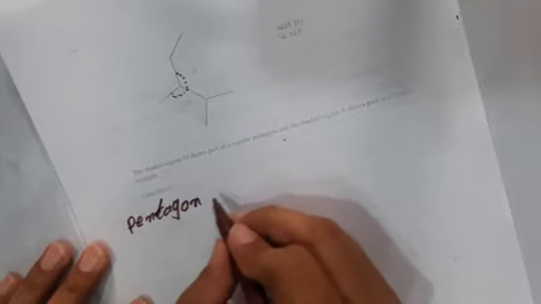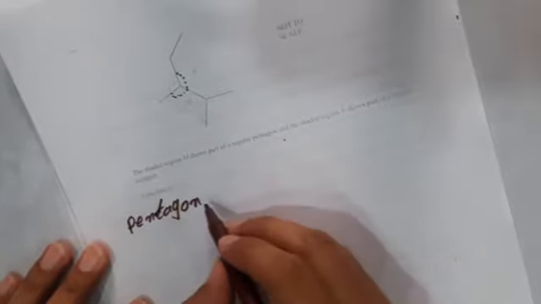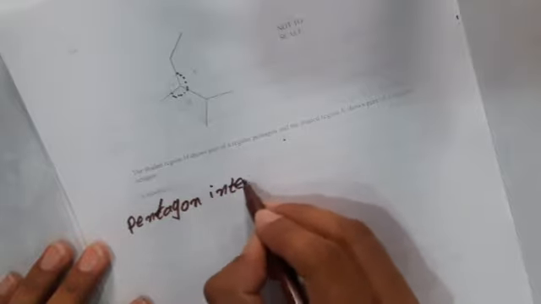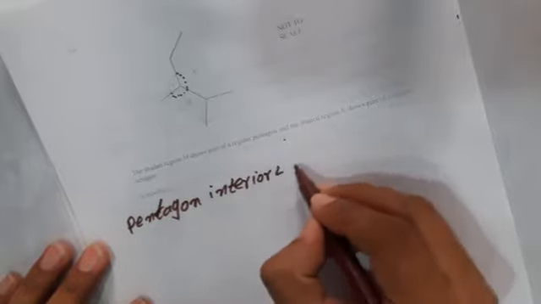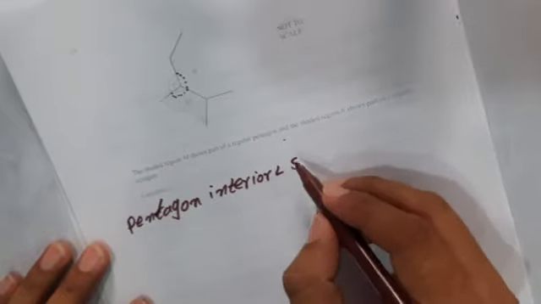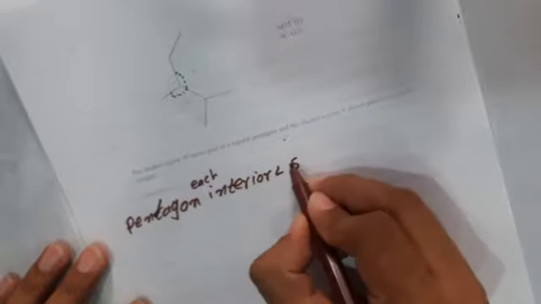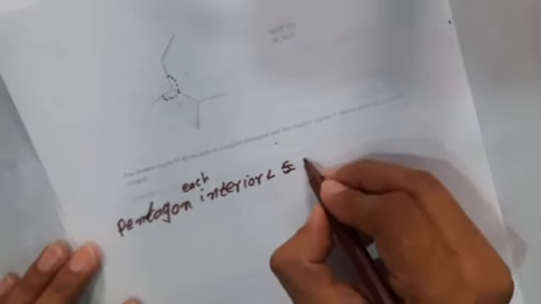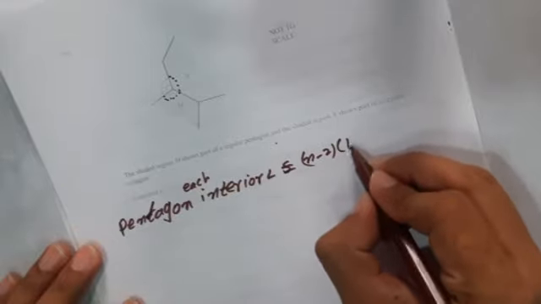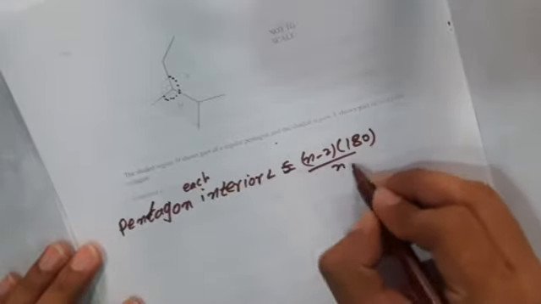So for each interior angle, the formula is (n minus 2) times 180 over n.